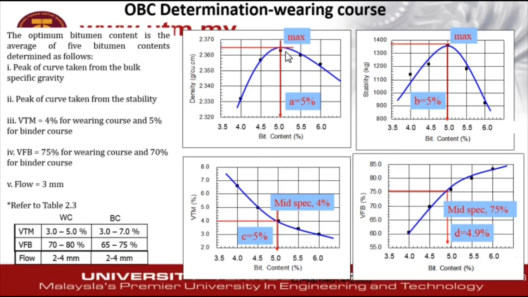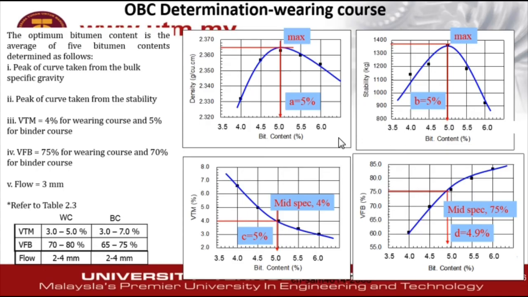Let's say from the graph, we assign the bitumen content at maximum density as A, and in this example the value is 5%. Take note of that. Then the second criterion is the peak of the curve taken from the stability plots. If we look at the graph in the slide, the bitumen content at peak or maximum stability is assigned as B, with the value here being 5%.